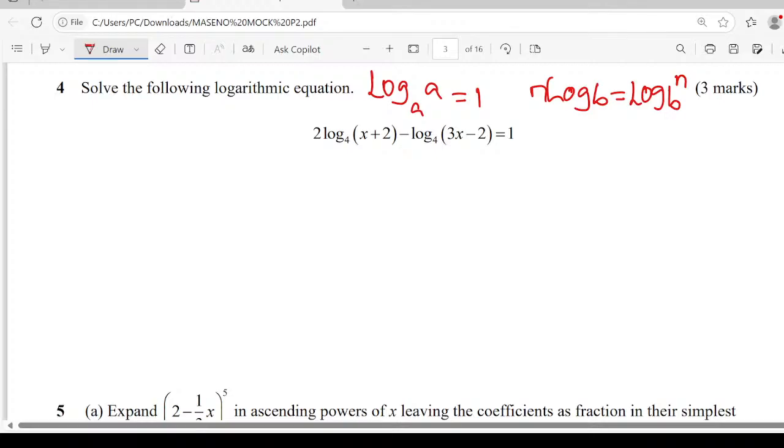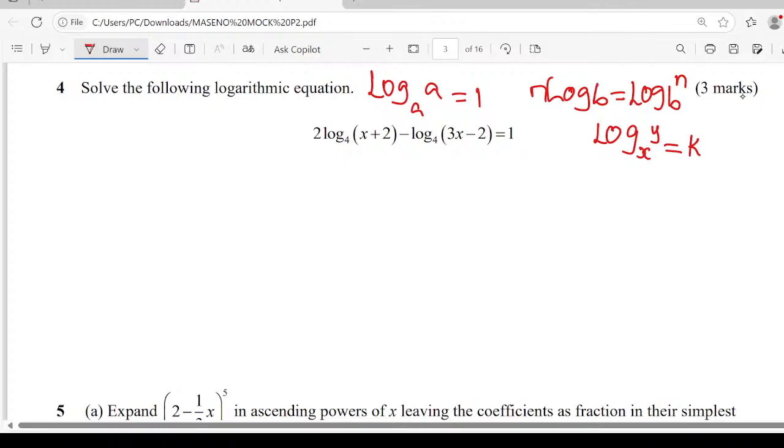Another rule we are going to use here, if I have log to base x of y being equal to k, for example, that is a logarithmic equation. If I'm told to change this one to index notation, what happens? The k and the y will interchange and the log will disappear.